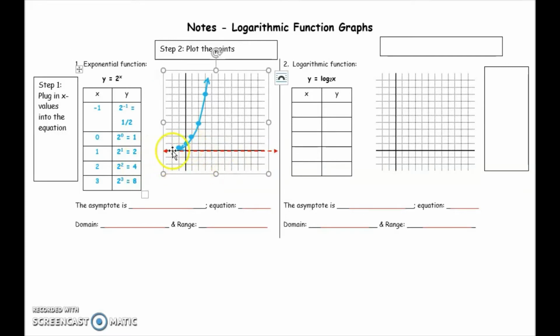This asymptote is like saying plus 0 in our equation. It means we cannot go below 0. It approaches 0, it gets really small, close to 0, but it never reaches 0. So the equation for our asymptote is y equals 0.